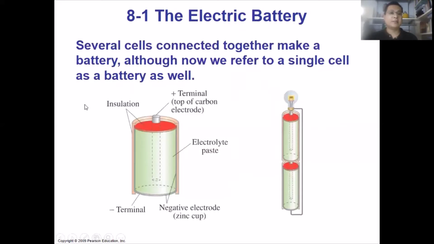Here is another example of a battery, of low voltage, which we commonly use in electronics like watches or toys. Several cells connected together make a battery, although we now refer to a single cell as a battery as well.